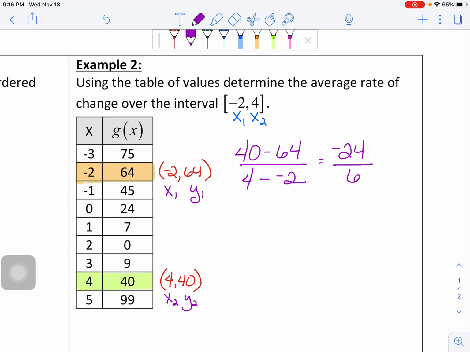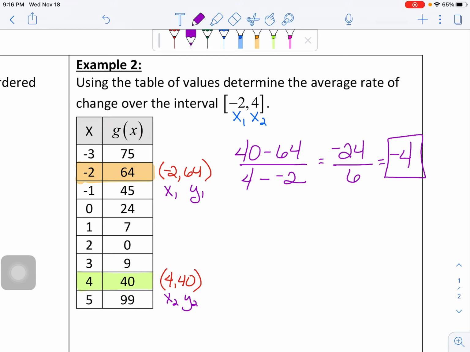So 4 plus 2 is 6. Now in this case, I can reduce my fraction or actually completely divide it out. So I'm going to go ahead and do that. If I take -24 divided by 6, I get -4 as my average rate of change.